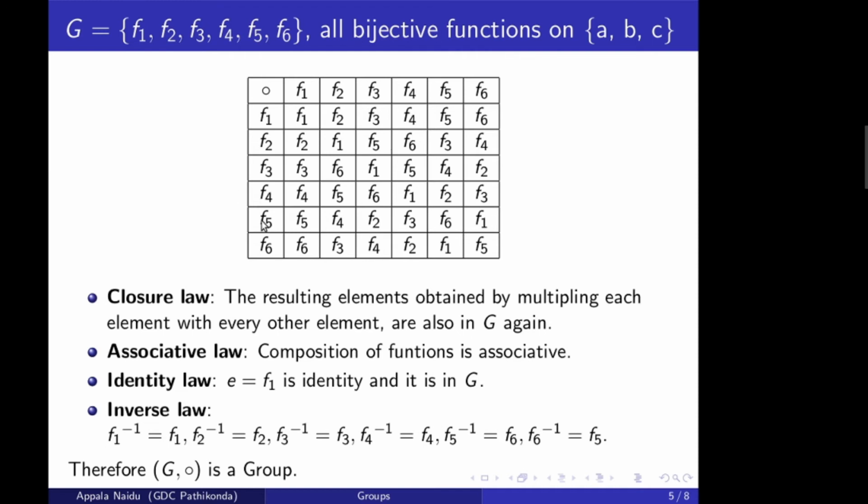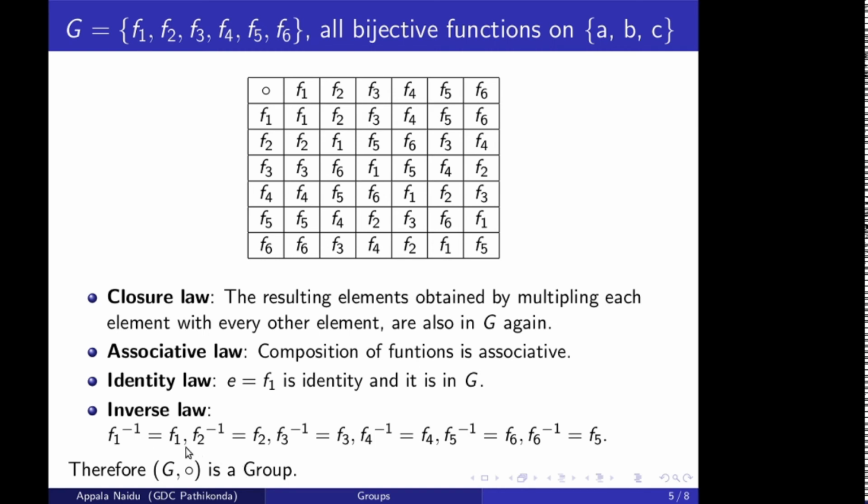Let us look at F5. We have identity here, so that this is F6, F5 circle F6 is identity, hence inverse of F5 is F6. Similarly, if we see this, this is identity, the above we get F5, so inverse of F6 is F5.